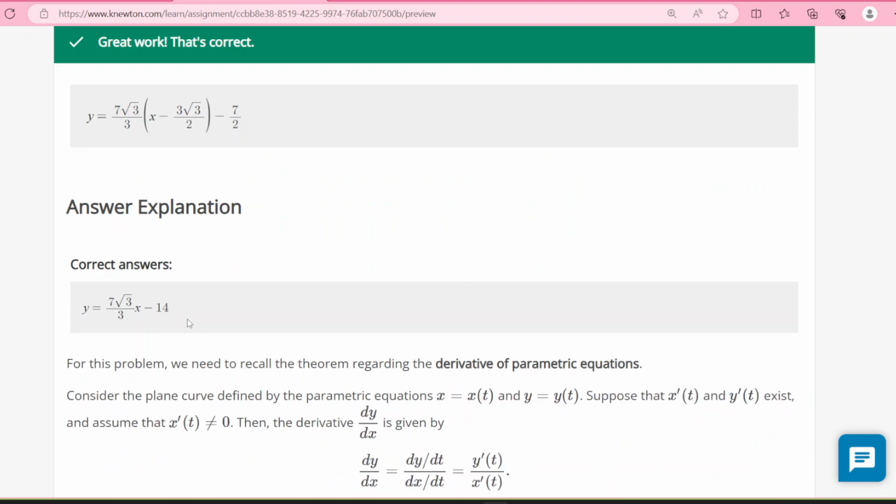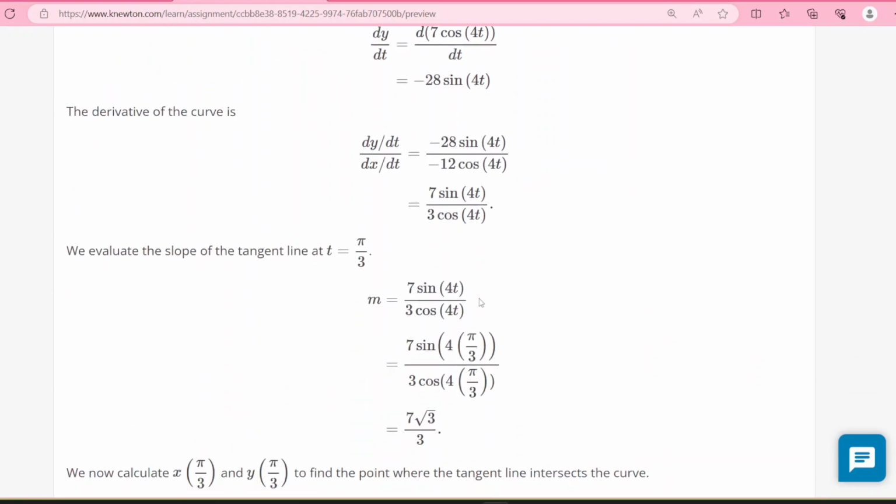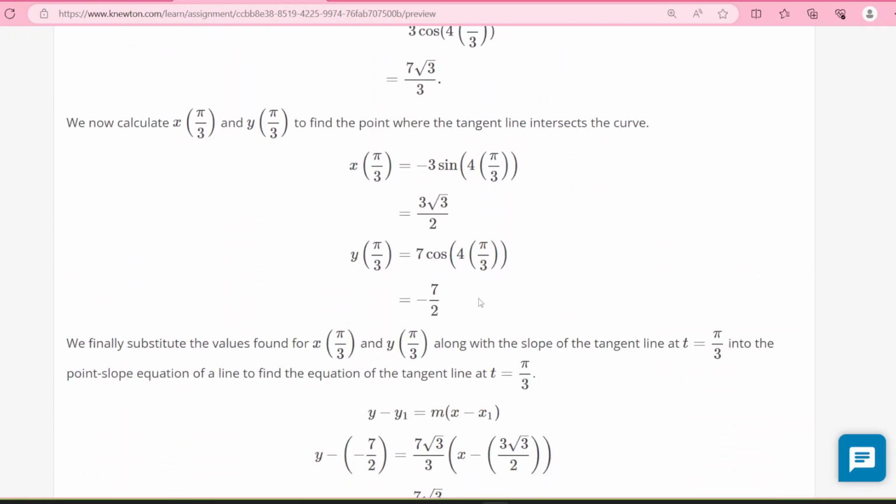Same line. So remember, for any tangent line, any line at all, you need a point and the slope, which will be the first derivative. So you plug in the value of t first for the point, then you find the derivative, and then plug in the value of t again for the slope, and then you can write your equation.